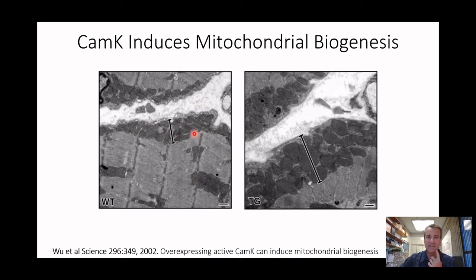This is the wild type animal, so you have nice mitochondria, some mitochondria in with the muscle fibers. But after you overexpress CAM kinase 4, this amount of mitochondria becomes this amount of mitochondria. You have a huge increase in mitochondrial mass. So CAM kinase can drive what we call mitochondrial biogenesis.